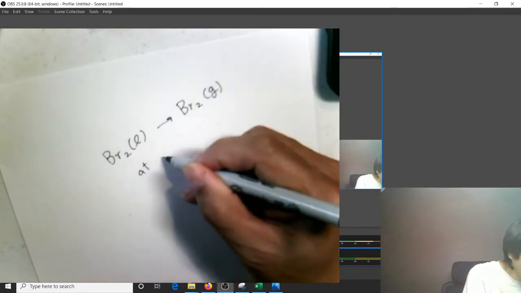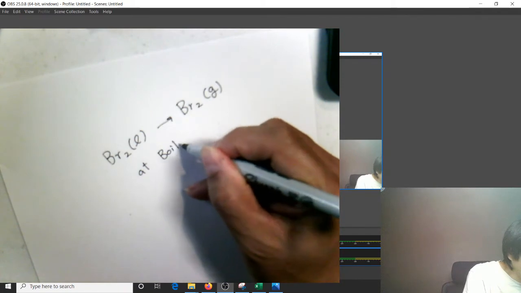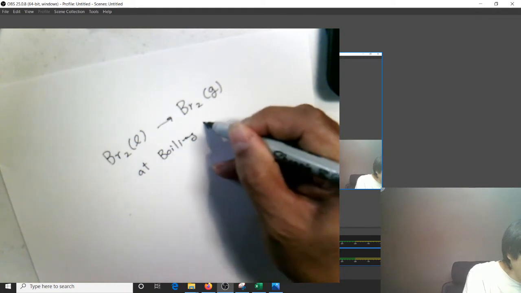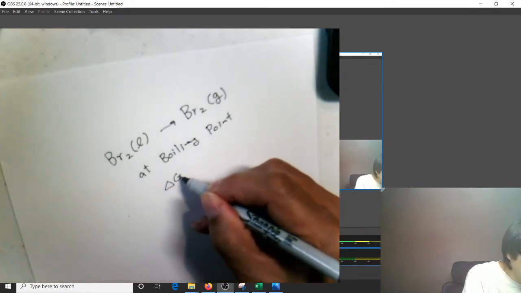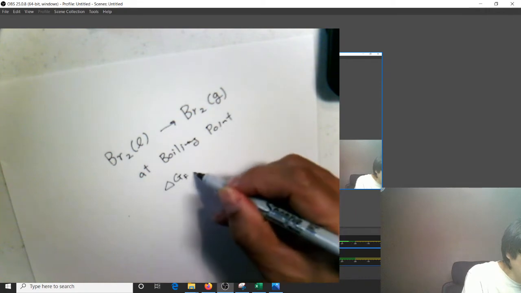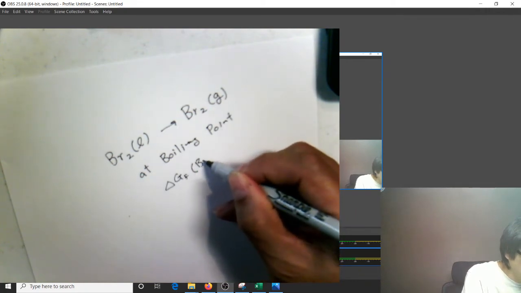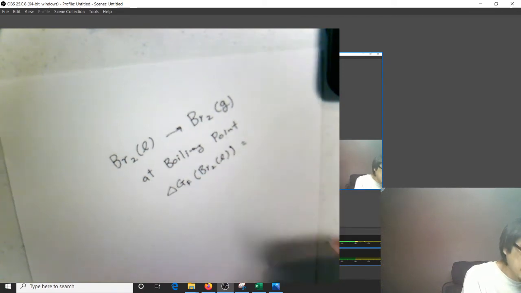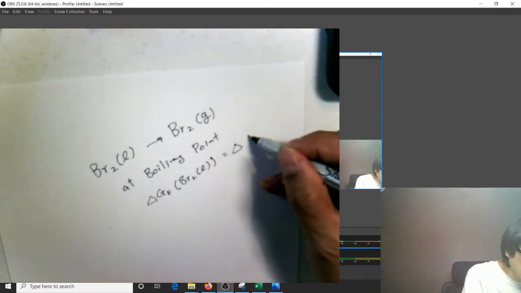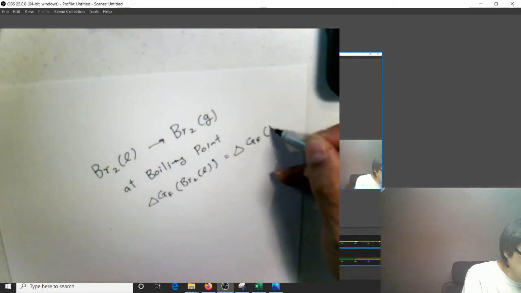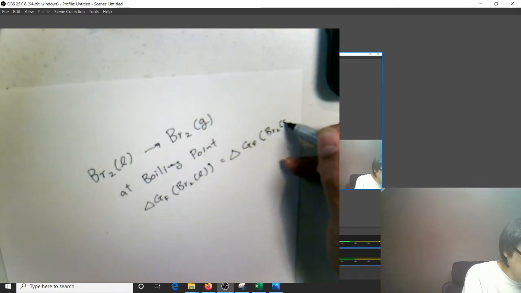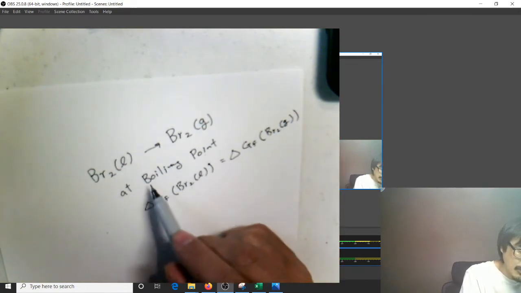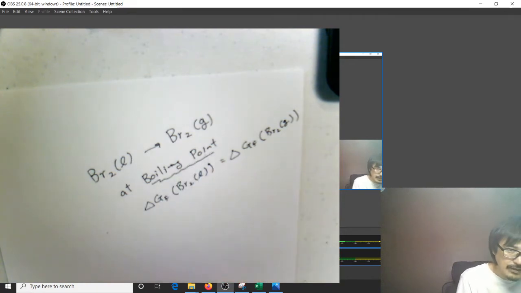At the boiling point, delta G of formation of Br2 liquid is equal to delta G of formation of Br2 gas, because it's at the boiling point.